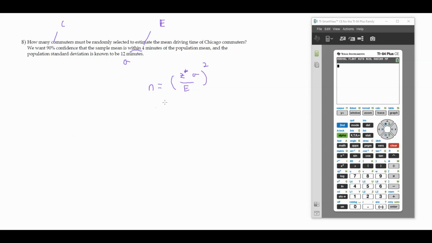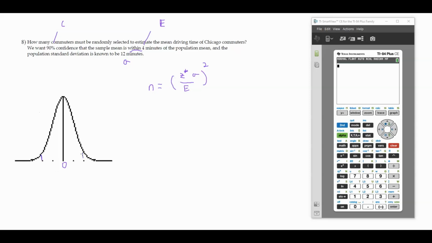Almost impossible. So Z star, what is that? You see sigma here is 12, and E is 4, but what about that Z star? That's not given in the problem, but they gave you 90%. This 90% confidence level can help us find the critical value Z. Remember, a Z is a standard normal with a mean of 0 and a standard deviation of 1, and I want 90% confidence.